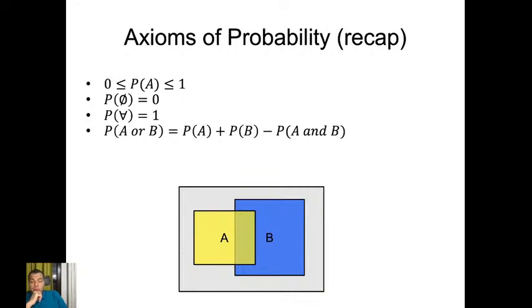So if we have the probability of two events, A or B, this is the probability of A plus the probability of B minus the probability of the intersection. So if we want two events to happen jointly, we have the probability of the intersection. So this is A and B.